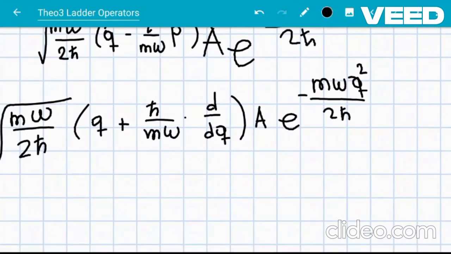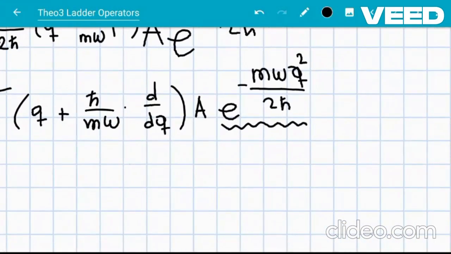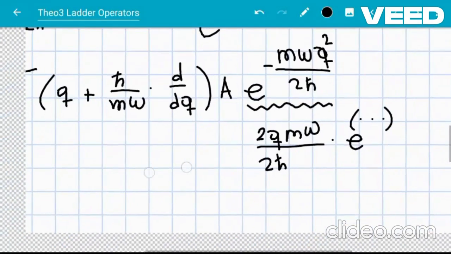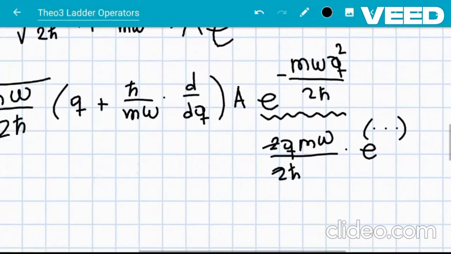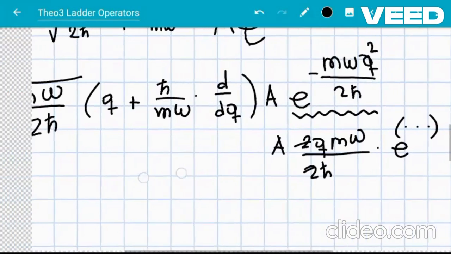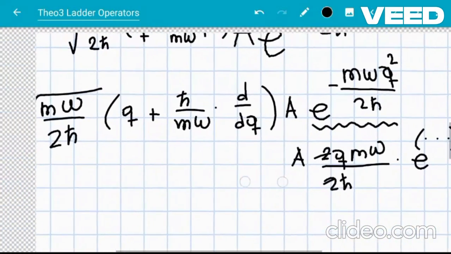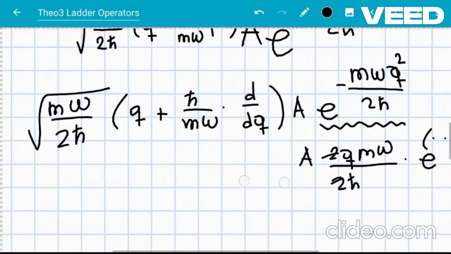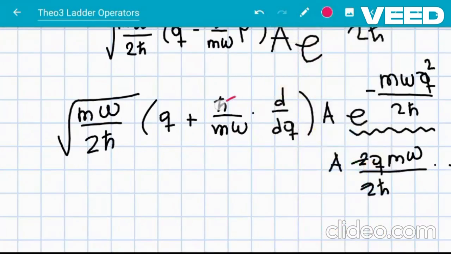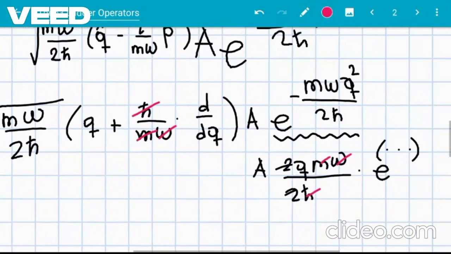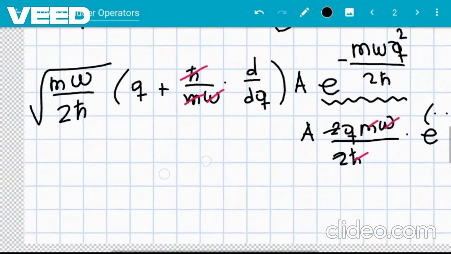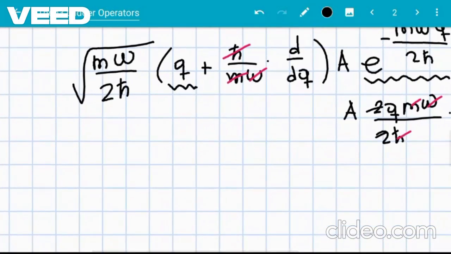So when I take the first derivative of this expression, it's just going to give me 2q m omega over 2h times the e function again, and the 2's are going to cancel, and of course the constant a is just going to stay in the front, and so I basically have q m omega over h bar, which is going to cancel with this h bar over m omega, and I'm going to be left with just q a, and there's another q here, so that's just 2 times q a, of course.